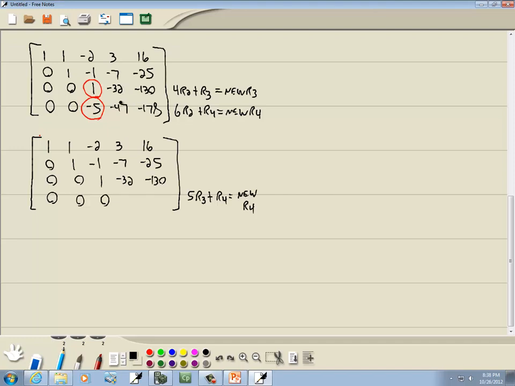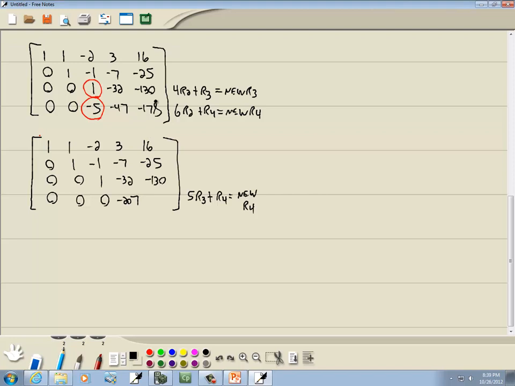Calculator time. 5 times negative 32, and add that to negative 47. Negative 207. 5 times this, 0, 1, it's negative 160, negative 207.